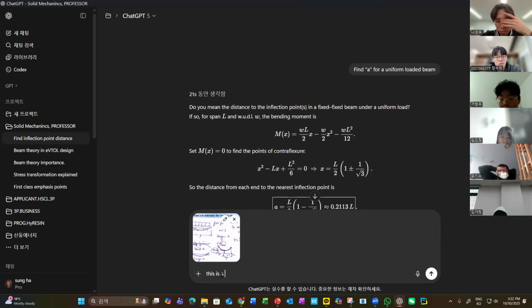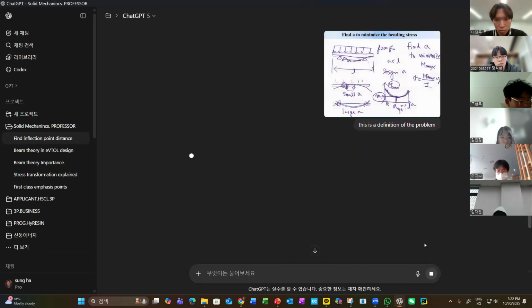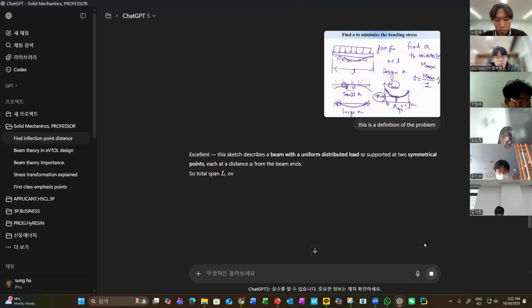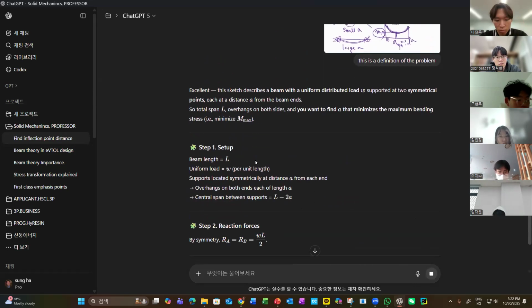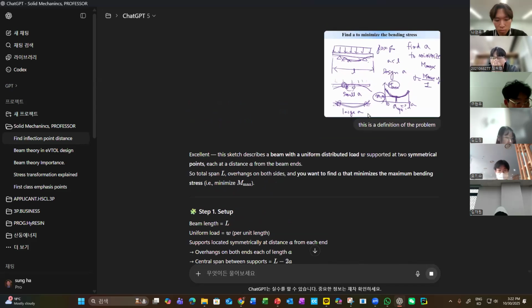This is the definition of the problem. Let's see what it says. This can be a very typical procedure, right? Excellent. Does this sketch describe a beam with a uniform distributed load W? Well, they say W, supported at two symmetrical points.